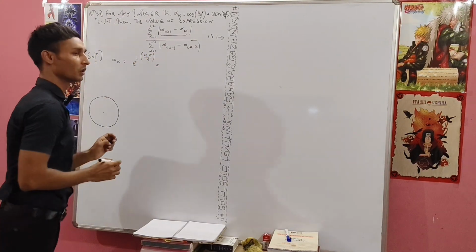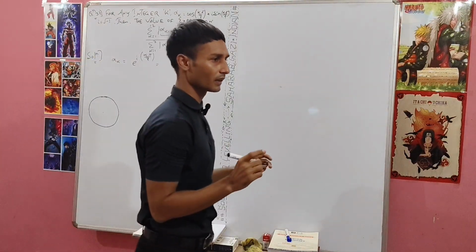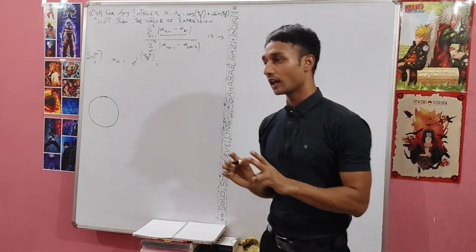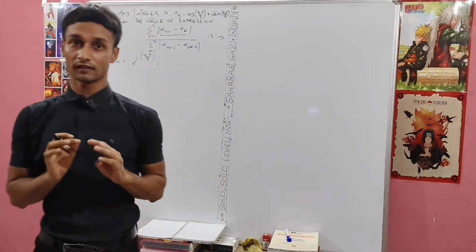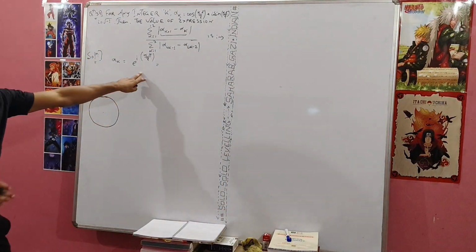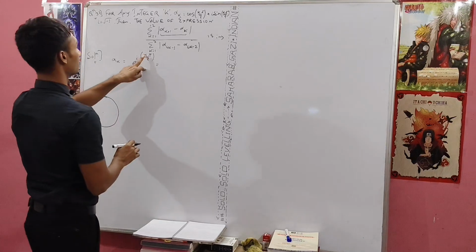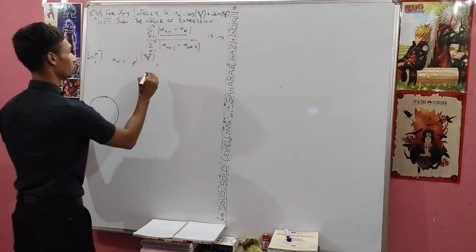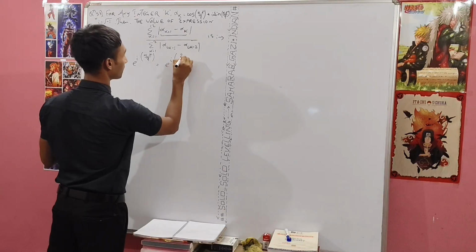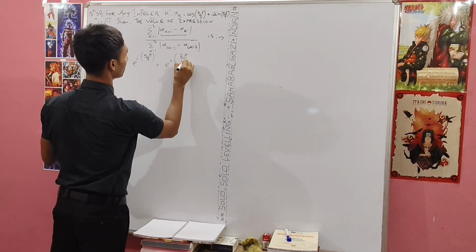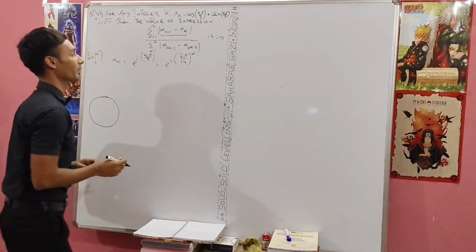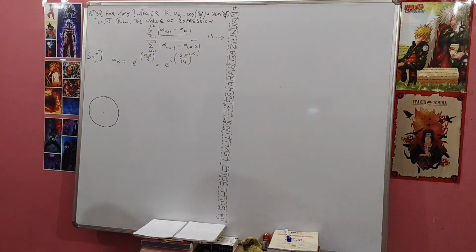Now we know that e to the power i 2 pi by n is the nth root of unity, right? There is a 2 with pi here, so we multiply 2 with i and pi. e to the power i 2 pi by 14, and k we keep outside. e to the power i 2 pi by 14 is the 14th root of unity.